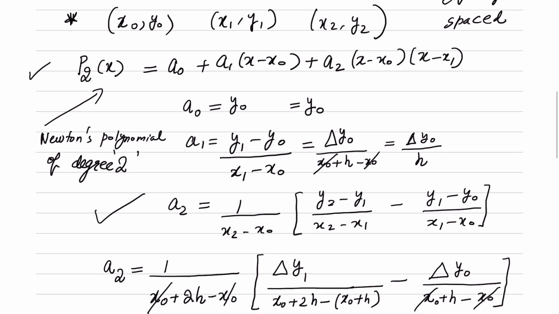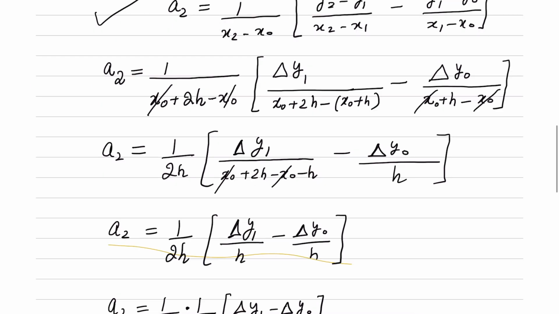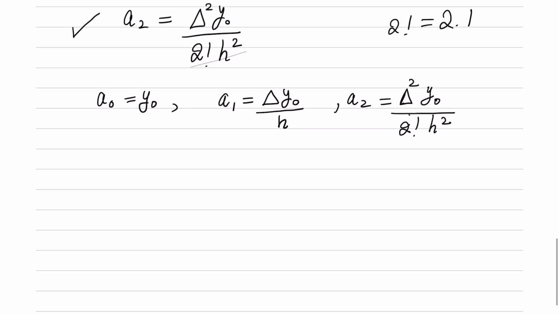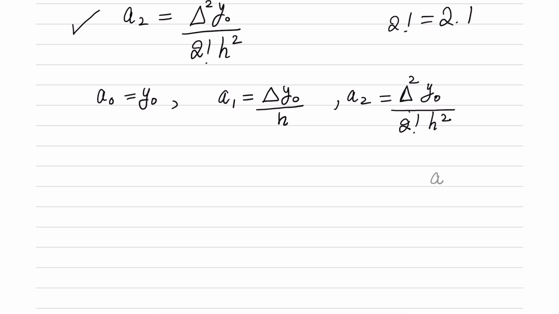We needed the values of a0, a1, a2 written in forward difference operator form, and that's what we have found. But suppose you also needed to write a3. Looking at the pattern, a3 will be forward operator power 3 on y0 divided by 3 factorial h cube. So now we are ready to write Newton's polynomial in forward difference operator form.